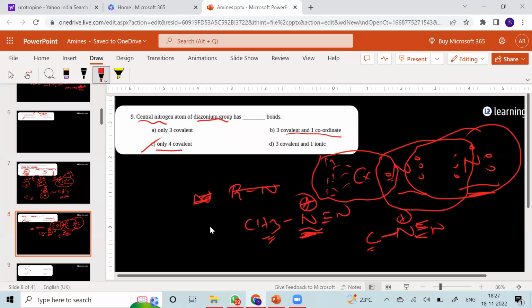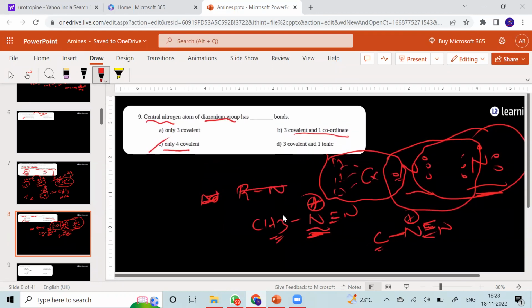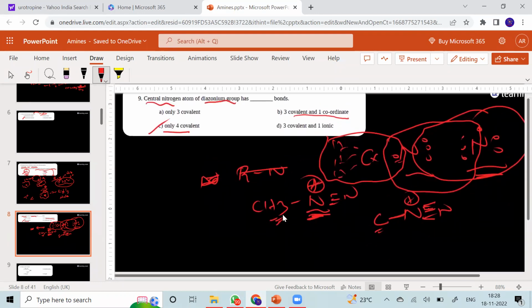What is a coordinate bond? You're going to write your board exams and you don't know what a coordinate bond is?